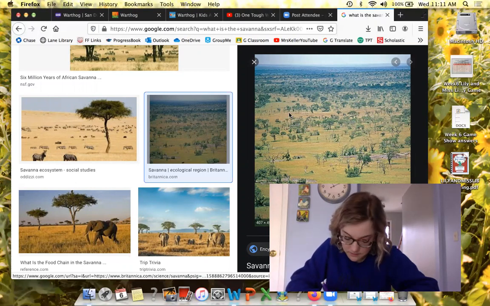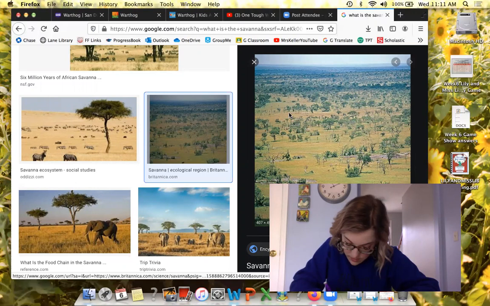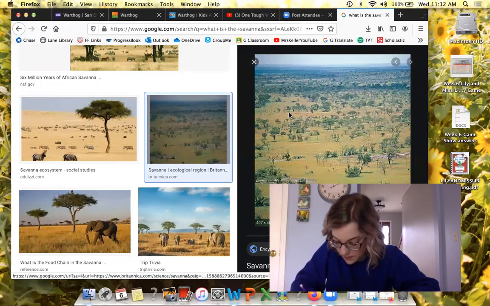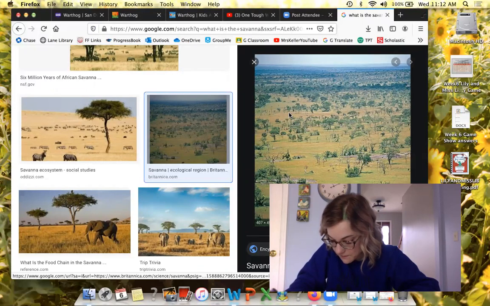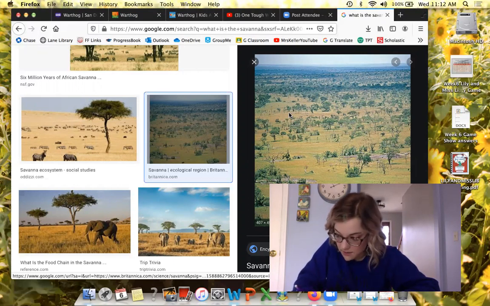Warthogs live in Africa. They live in a habitat called the savannah.